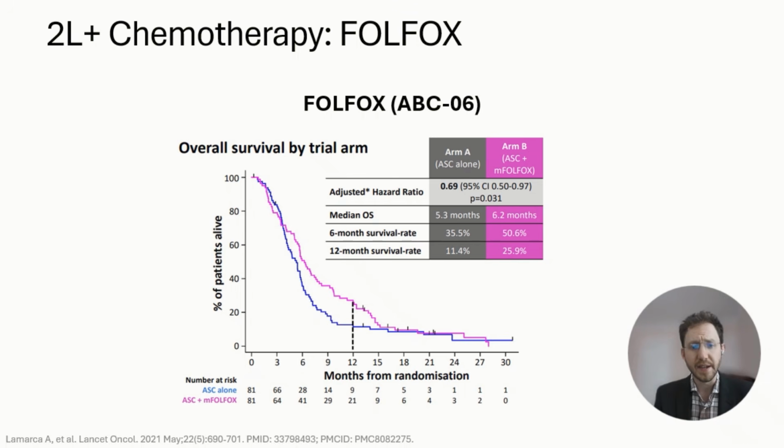And it did show that second line FOLFOX no bolus did improve overall survival, with the largest separation of the curve being around that 12-month mark, with a 12-month survival rate in the treatment arm of 26% versus closer to 12% in the best supportive care. But as you can see, after we get past 12 months, those curves close very quickly.